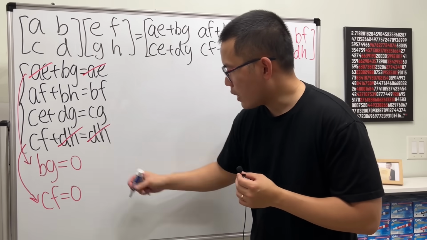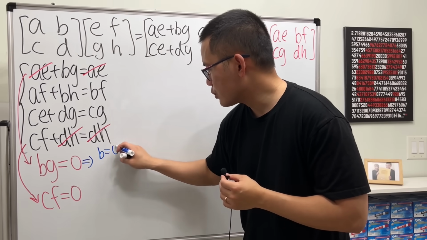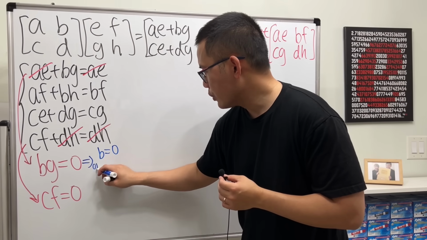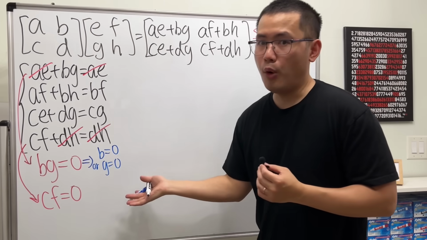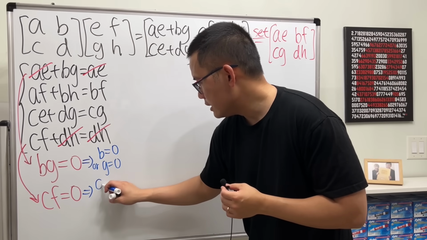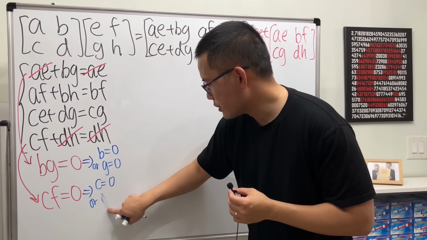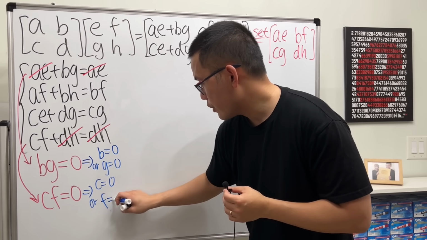And for the first one, this implies either we get B equal to 0 or G equal to 0, or maybe both. And from here, we will know C equal to 0 or F equal to 0 or both.